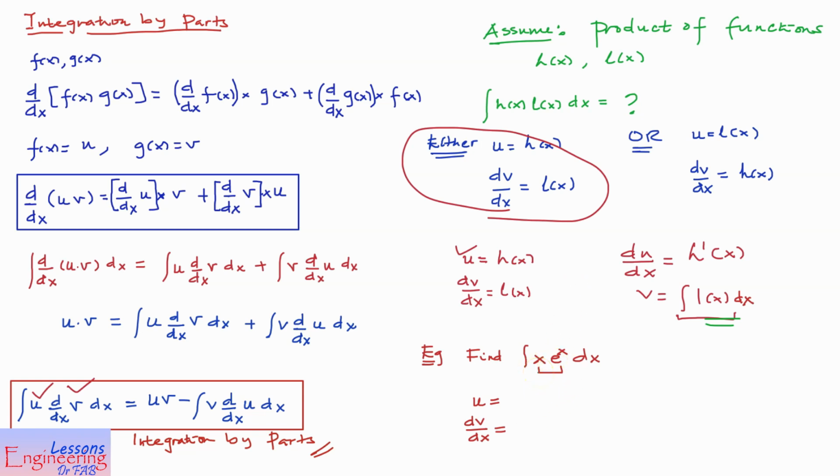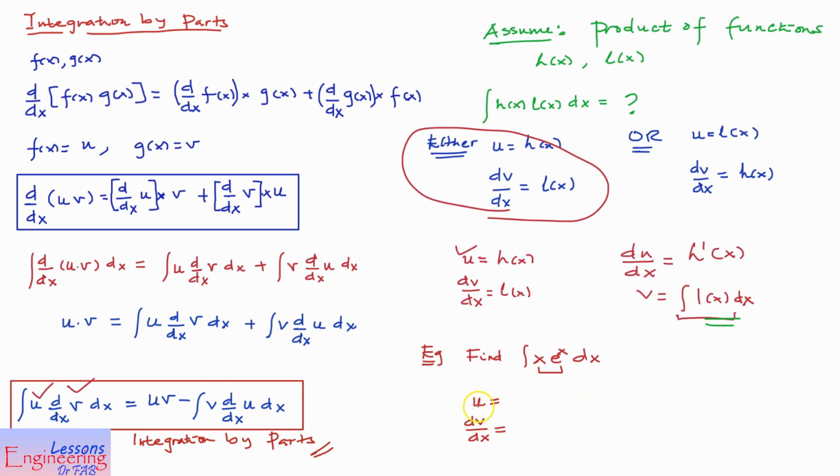The choice of that assumption relies on, in the case of u, whether you can easily find that part du by dx, and in the case of dv by dx, it should be then easy to find what v is. Okay, so what do I mean?